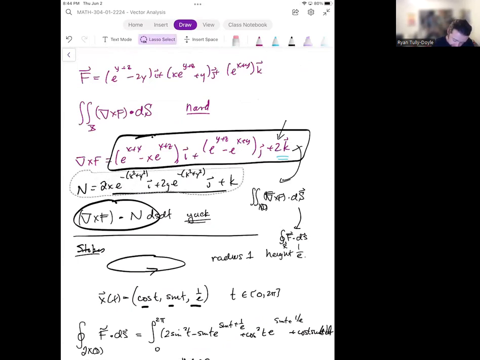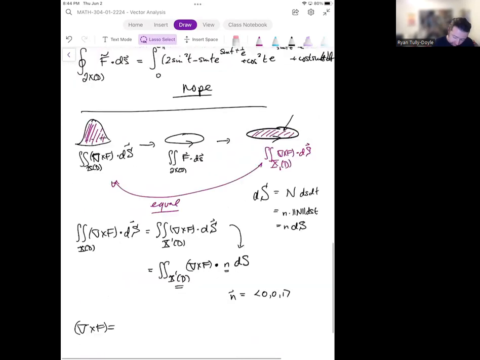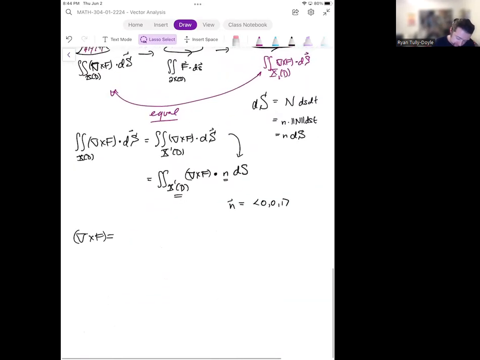Grab this normal vector. Oh wait, that's not the normal we wanted, it was the curl. Grab some curl. And should be able to copy that. Can I copy it? Copy. Here. Let's see if I can paste it.